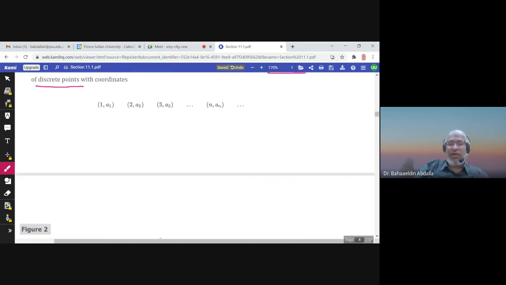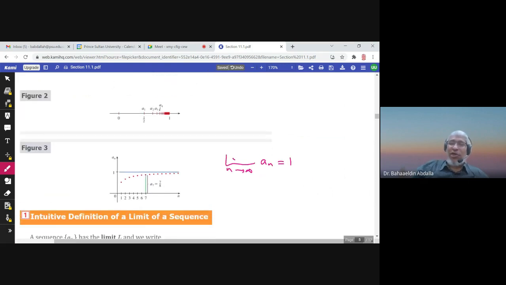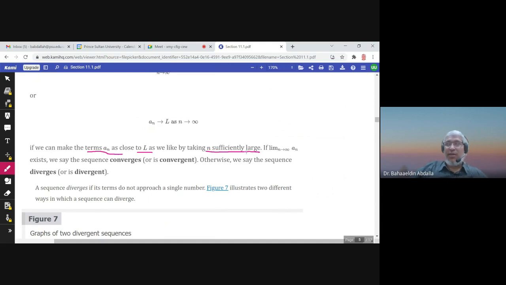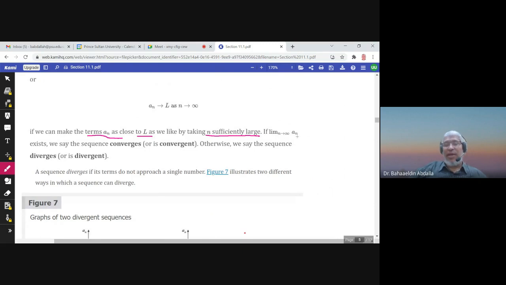So for example, here, when n is 10,000, you will have 10,000 over 10,001. So this is very close to 1. When n is a million, you have a million over a million and 1. So very, very close to 1. So when you increase n, the terms of an will become very close to L. This is what we mean by limit an is L.